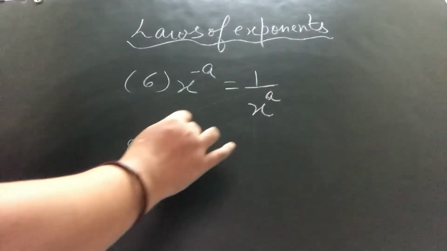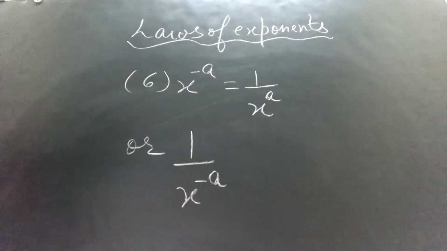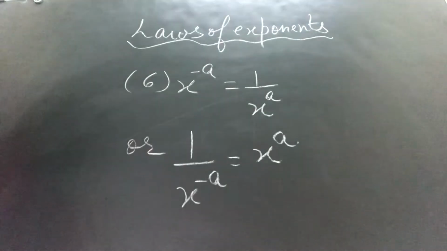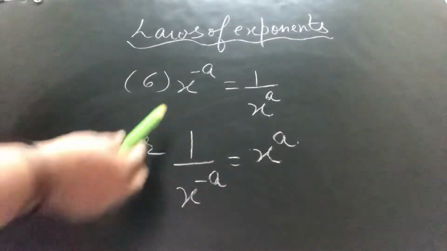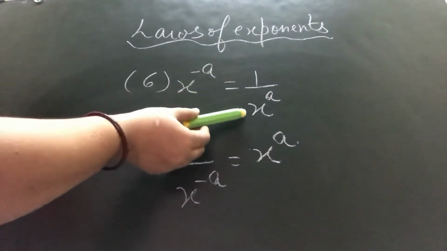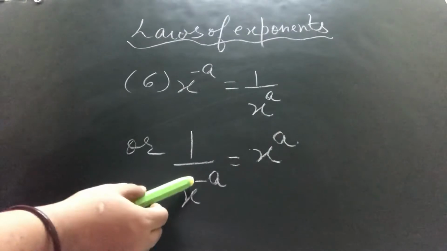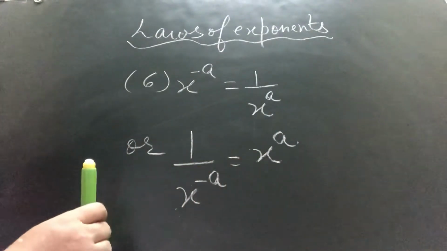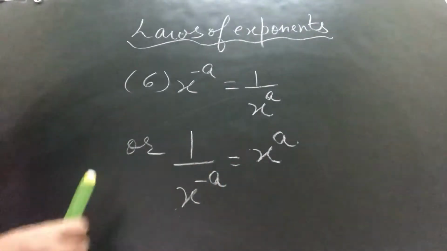Or if it is in denominator, suppose expression is like this, then you make the power positive and shift this denominator to numerator. If in numerator we have negative power, you have to shift it in the denominator to make the power positive. And if it is negative in the denominator, then you have to make the power positive and shift this number into numerator.